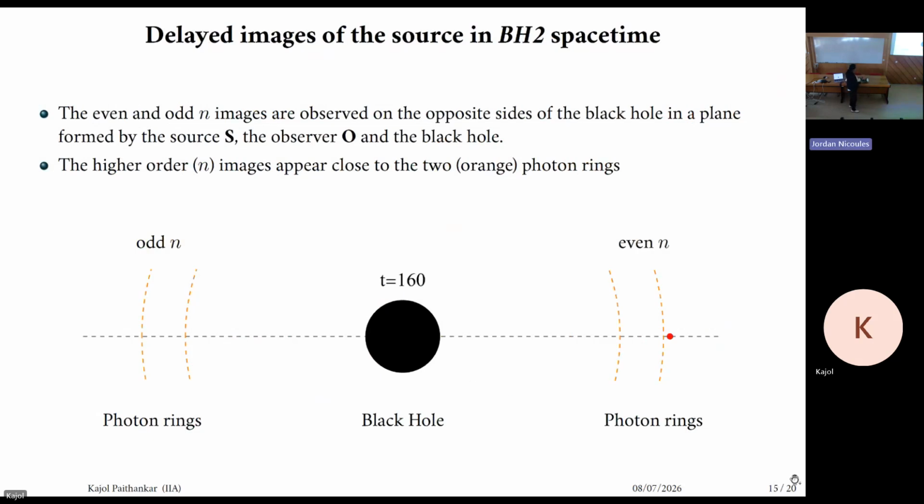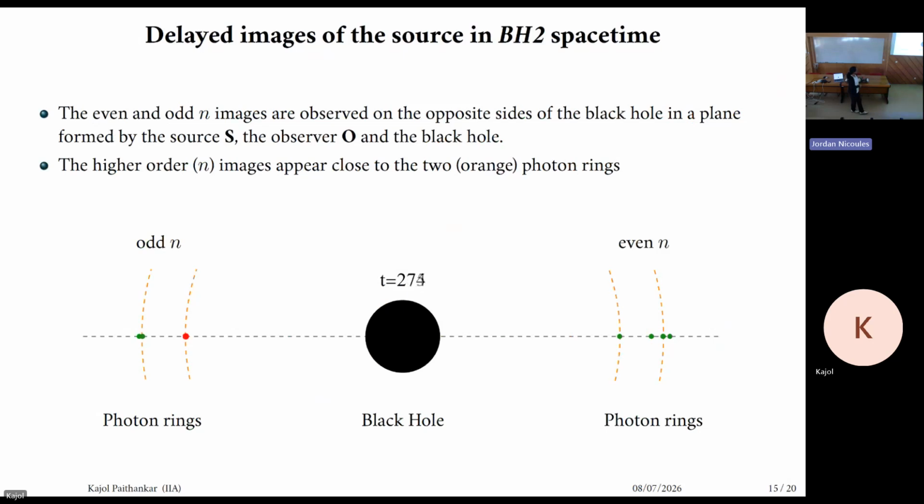So this image corresponds to n equal to 2, this is n equal to 3, then n equal to 4 will appear here, and 5 will appear here. And there is a difference of time, which is a larger difference compared to the same order images. So when the n equal to 6 images appear here, the 3 images appear in a very short interval of time. So this is 6,1, 6,2, and 6,3.